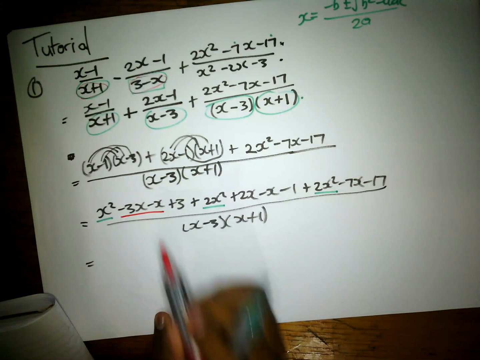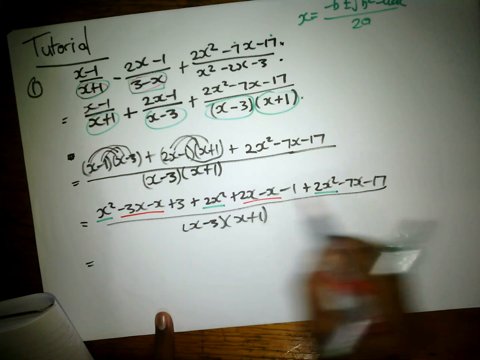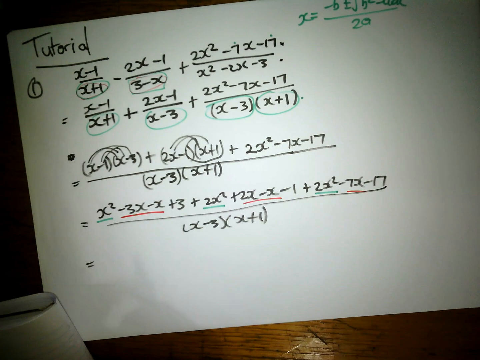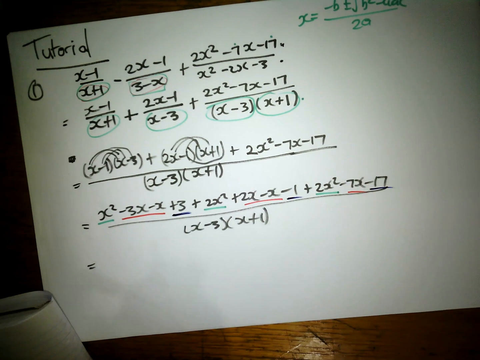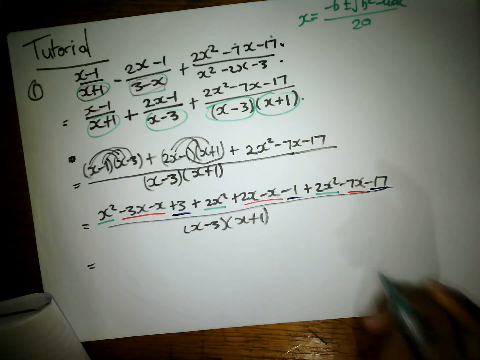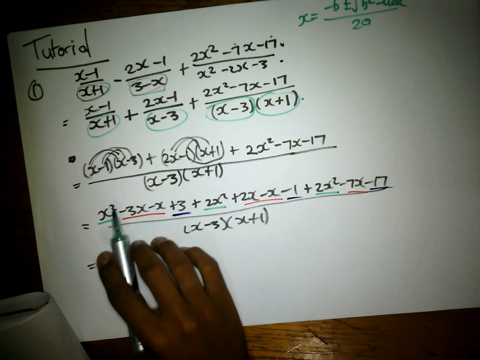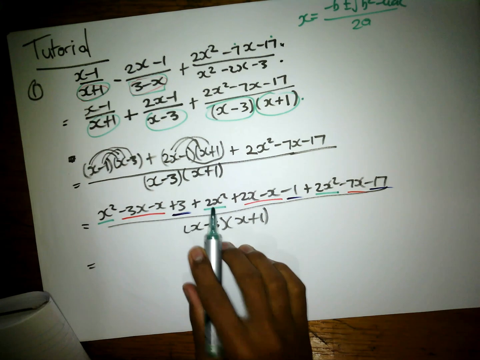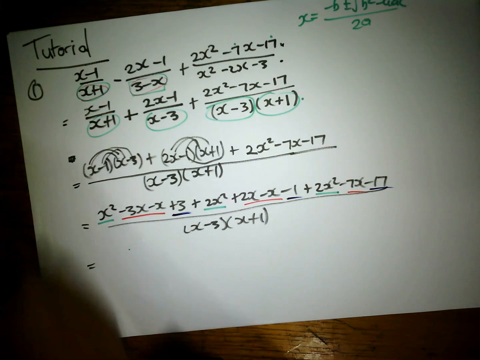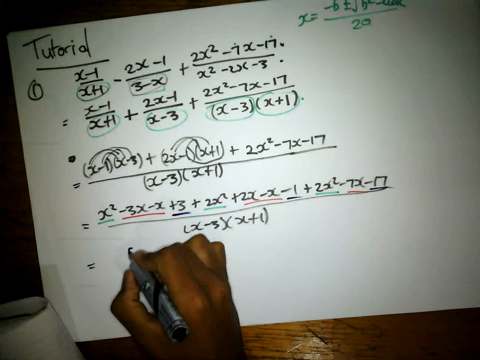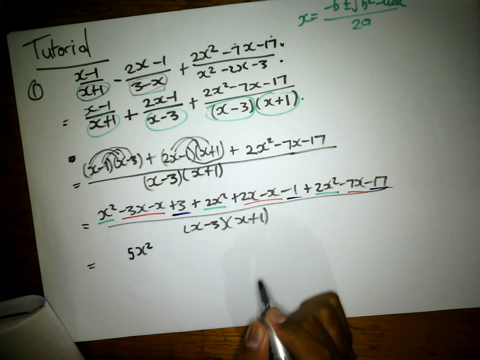These are the x values, then a number, and a number. So x squared plus 2x squared plus 2x squared is 5x squared.